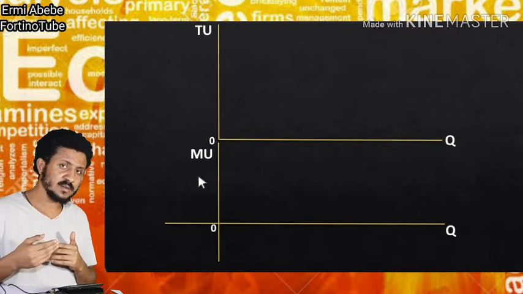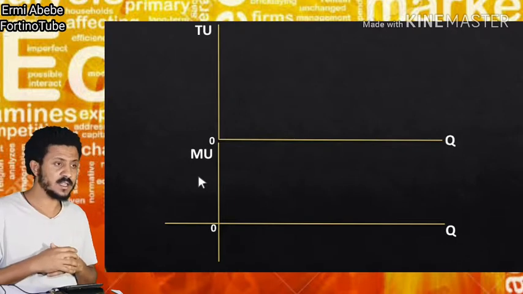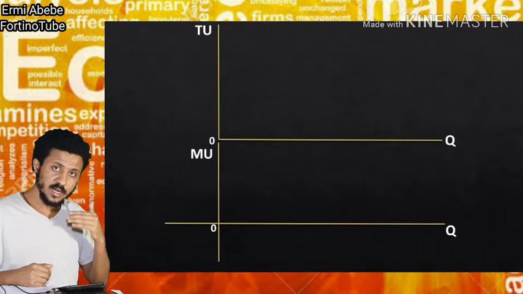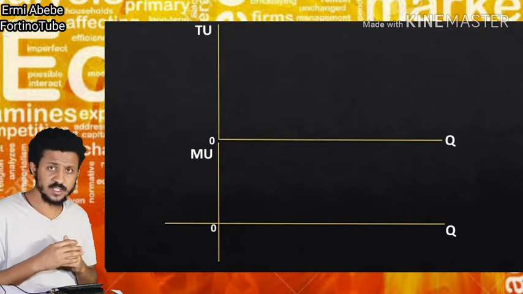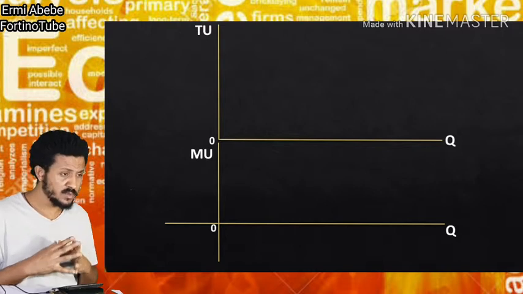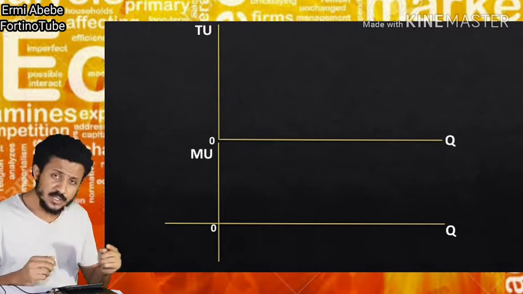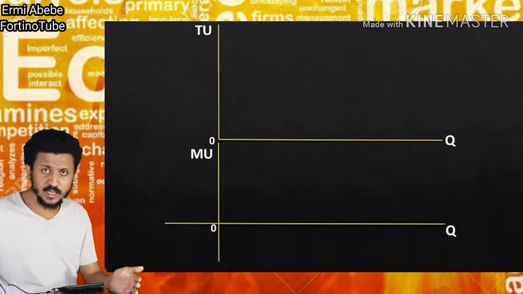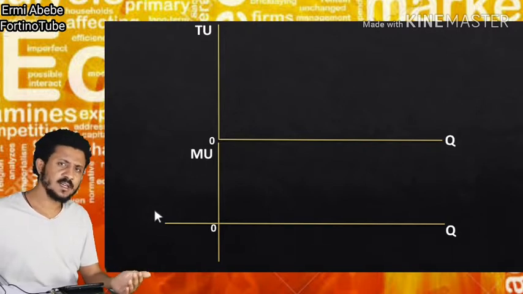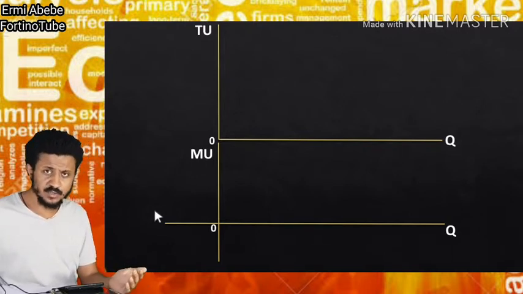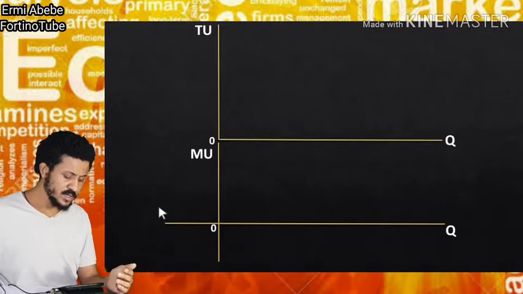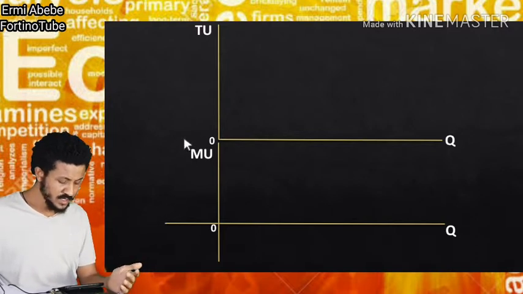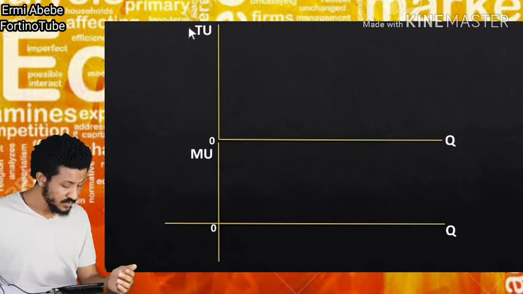When we add consumption per unit, it shows what will happen to our total satisfaction. As a formula, we saw change in TU divided by change in Q, which means the change in total utility because of a change in quantity consumed. And also we have seen that marginal utility is the slope of total utility, right?